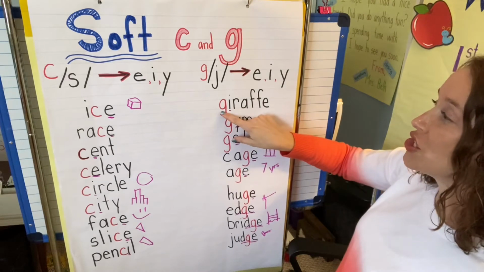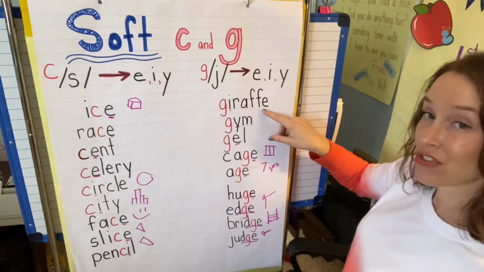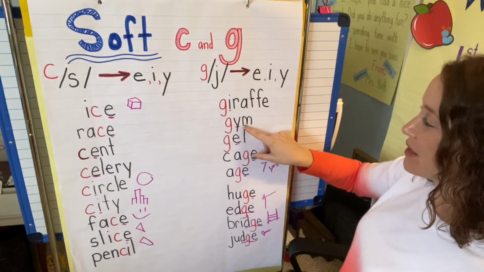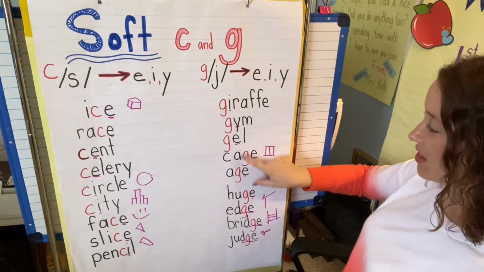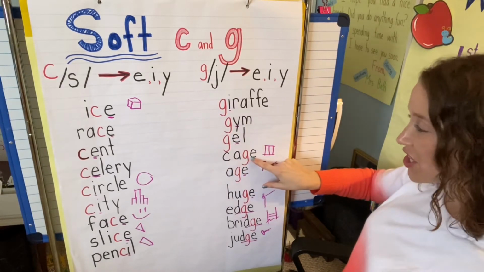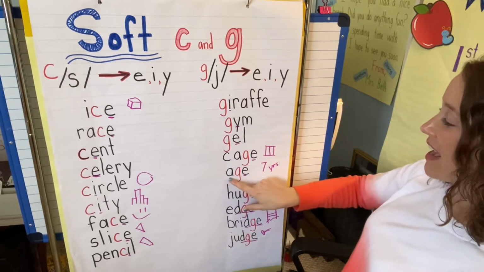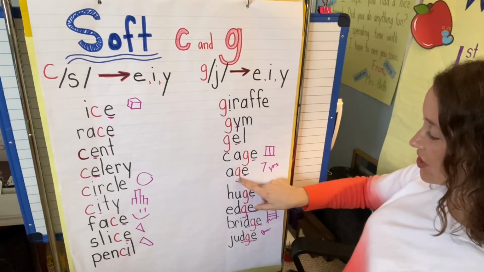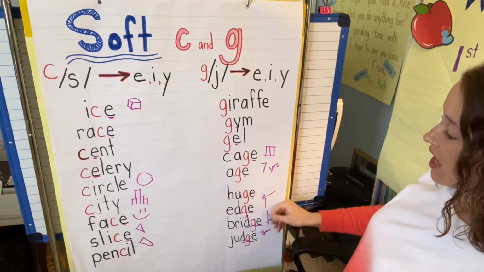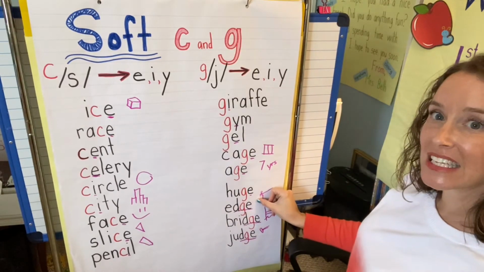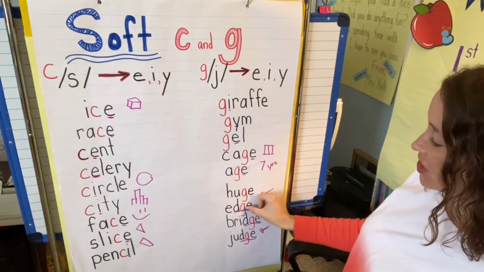We had giraffe, gym, gel, age, cage, huge. And then down here we had our DGE words.